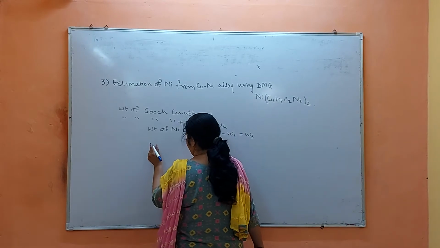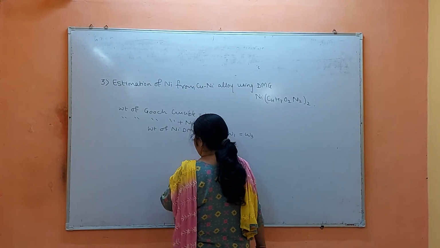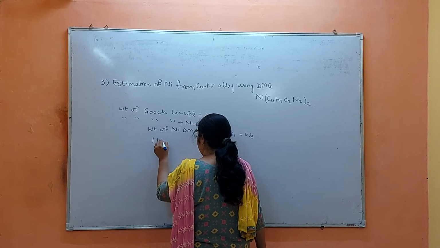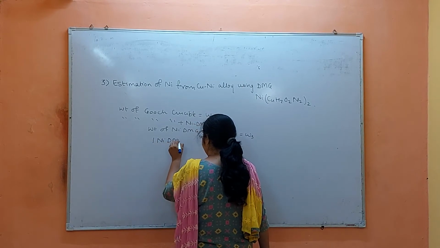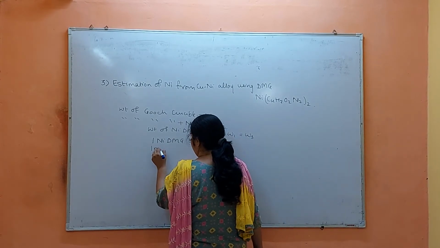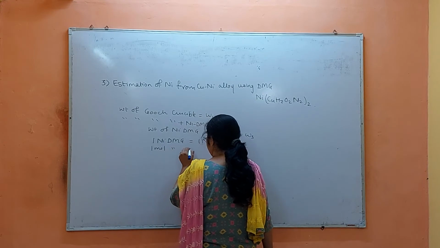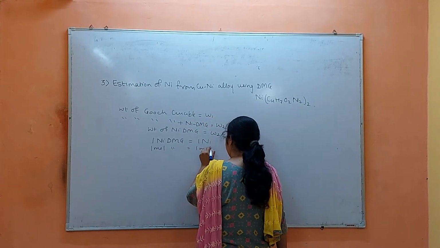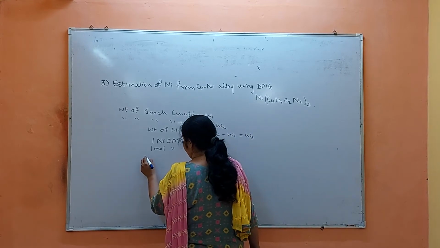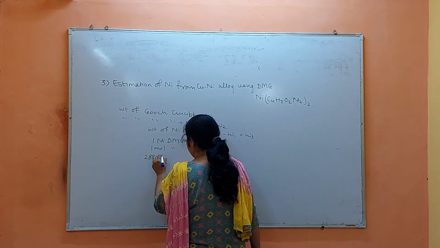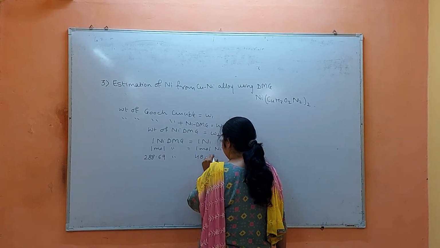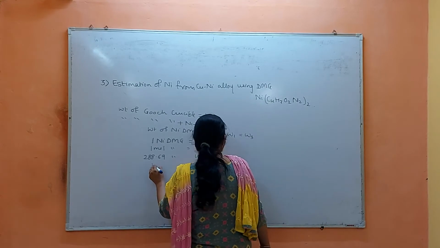Now 1 mole of NiDMG is equal to 1 mole of nickel. So 288.69 grams of nickel DMG is equal to 58.69 grams of nickel.